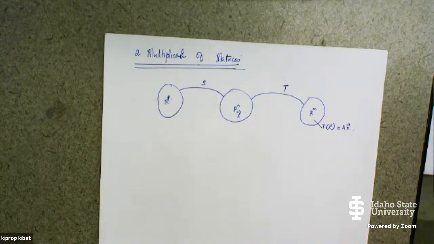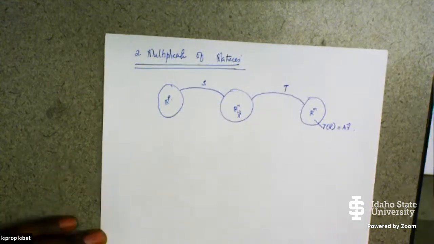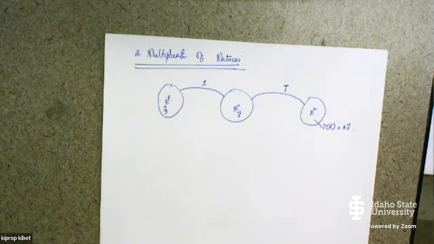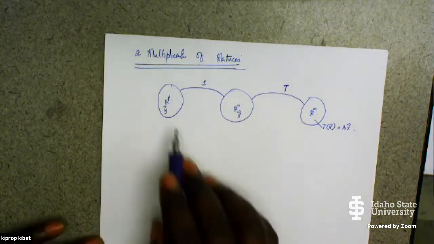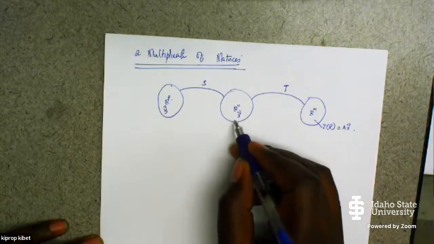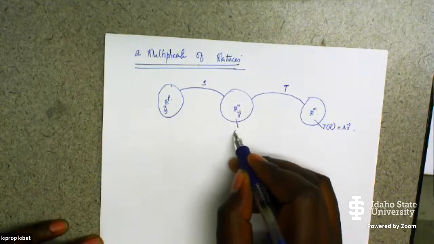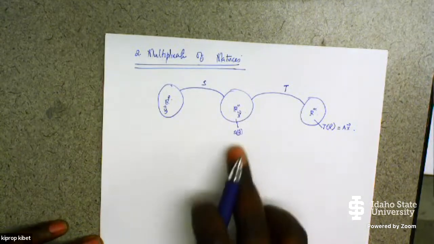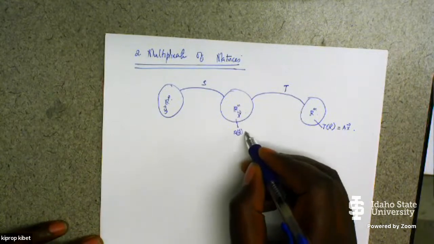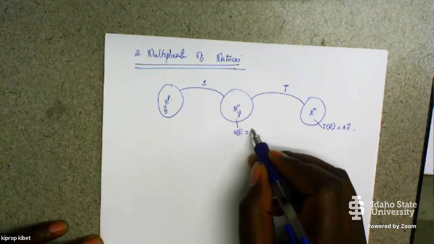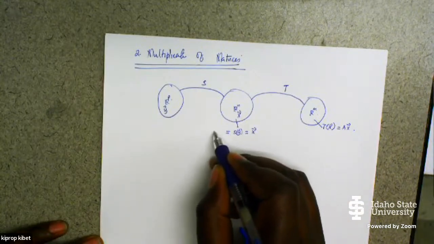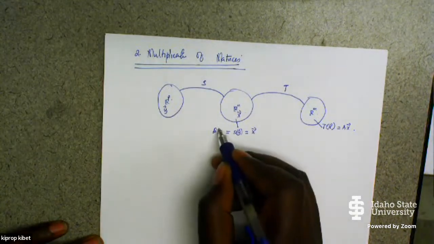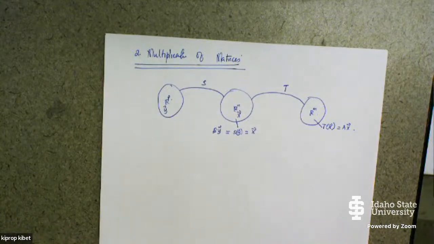Now, if we take this one as Y, at this point we have Y. Then to transform to this point, it is what? SY. And this SY is equal to X. And this SY also is equal to what? BY, right? So we can take it like that.